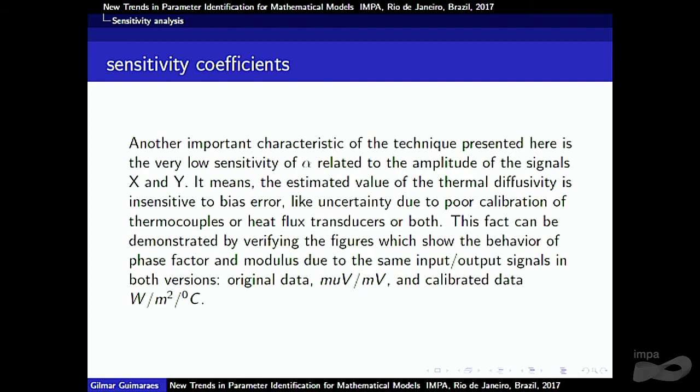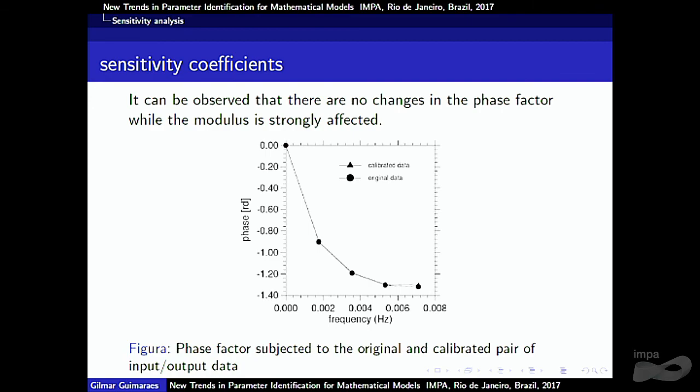Well, another important characteristic of this technique is that here we use some transducer of heat flux, but in order to estimate the thermal diffusivity, you in fact don't need to know the magnitude of the heat flux.